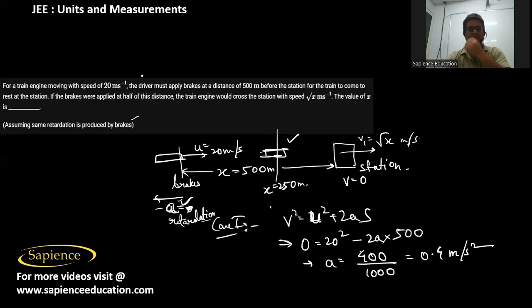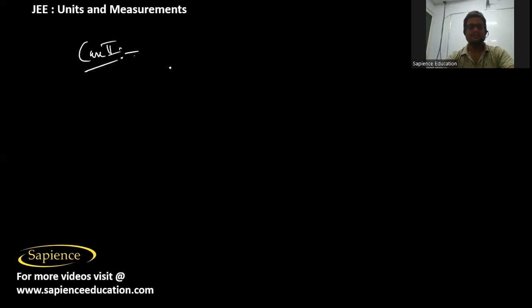Then in case 2, we have to apply the brakes at half this distance. Here v1 is root x, which we have to find out, and u is 20 meter per second.